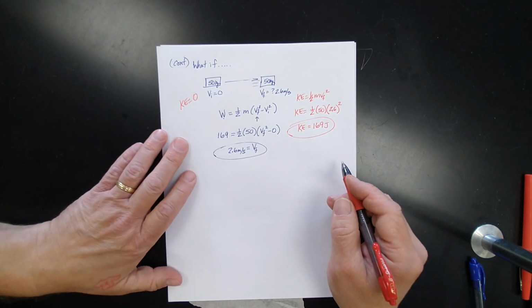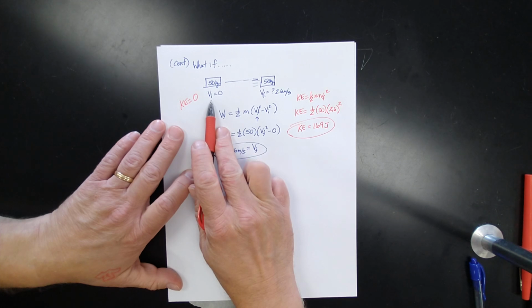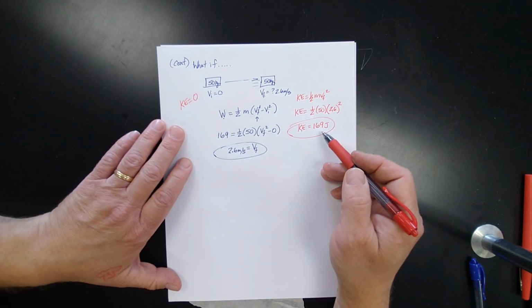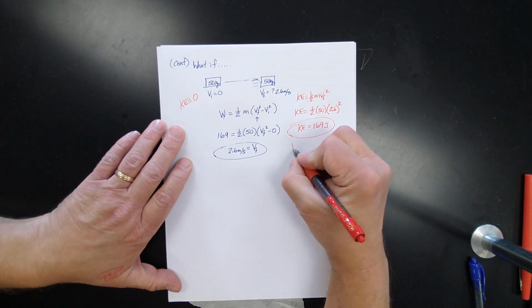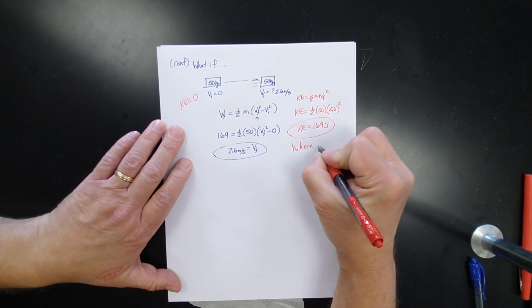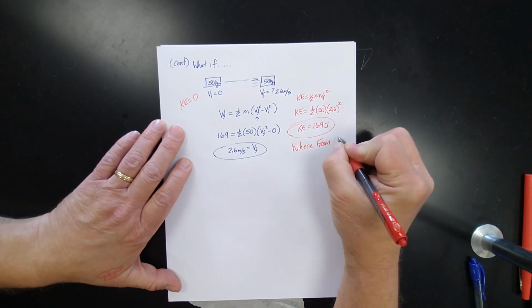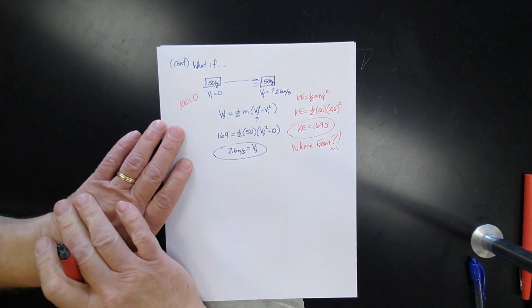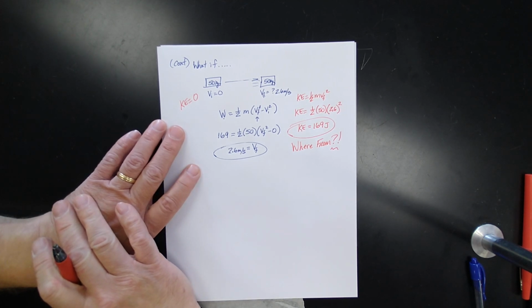Now think about this. We had an object just sitting on the floor, no energy at all. Now it's got 169 joules of energy. Big question. Where from? Where in the world did you get that energy?